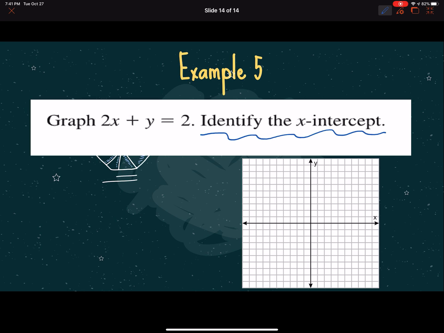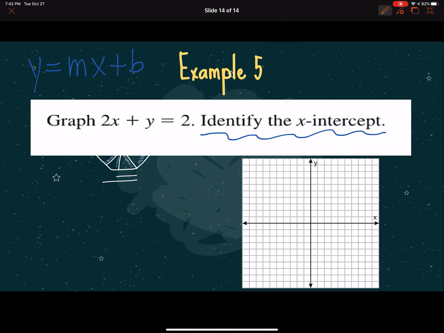We can rewrite the equation and put it in slope-intercept form. Or we could also graph by our x and y intercepts, which we did in the previous lesson by substituting 0 for y to find the x-intercept or 0 for x to find the y-intercept. Let's practice both.